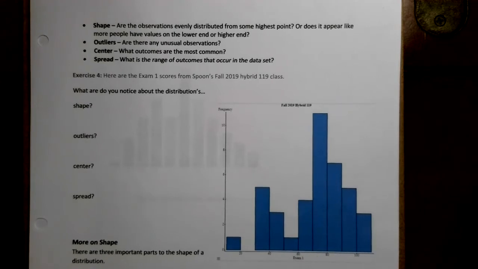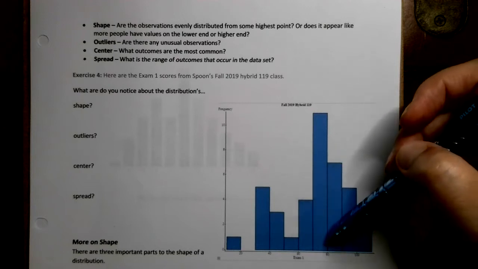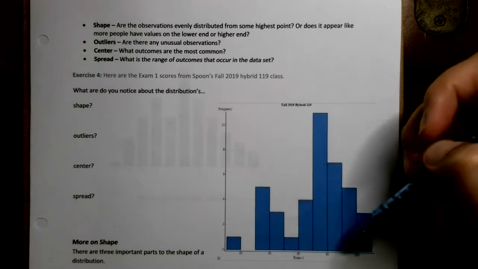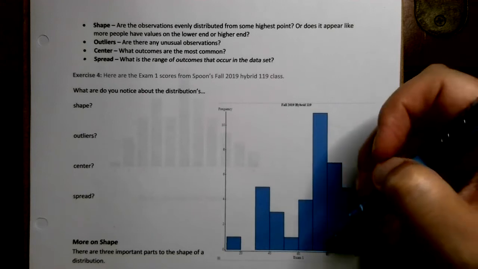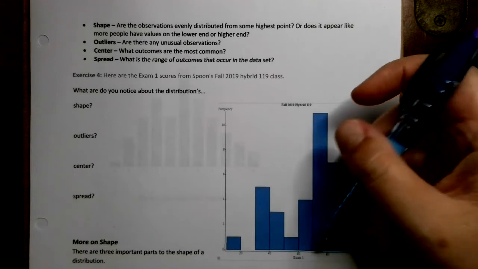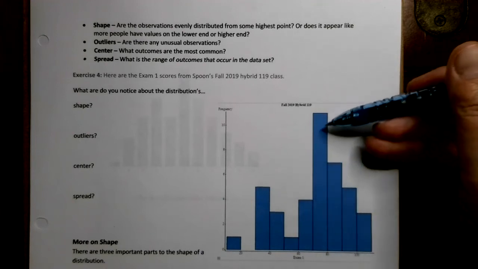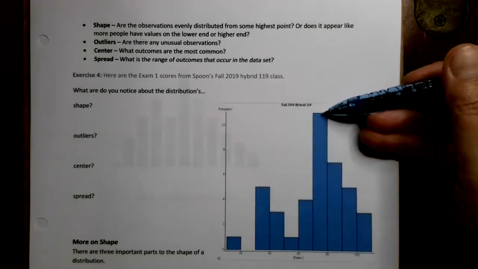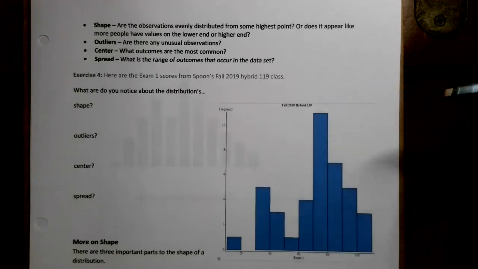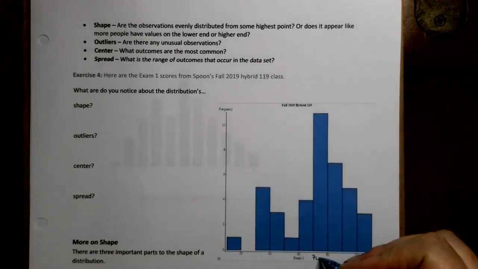For now, we're just looking at what's unusual about this data. Well, we can look at it and say, okay, the most common score for this exam was between 70 and 80. We don't know exactly what the scores were, but the most common score was between 70 and 80. That we know.